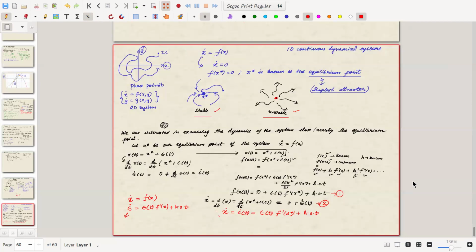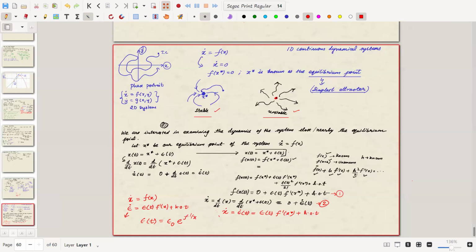I'll convince you that epsilon t equals some epsilon naught, that is your perturbation at the initial state, into e to the power of f prime of x star times t.